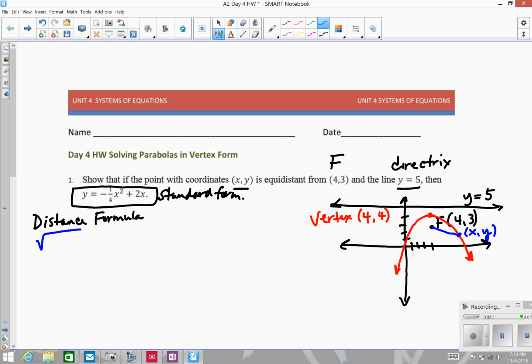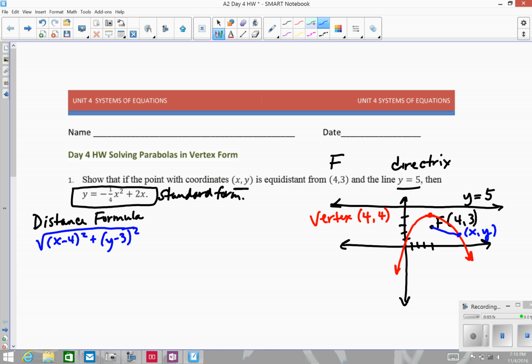If you remember the distance formula, it's the square root of the difference in my x coordinates, x minus 4 quantity squared, plus the difference in the y coordinates, y minus 3 quantity squared. So there's the distance from the coordinate xy to the focal point.